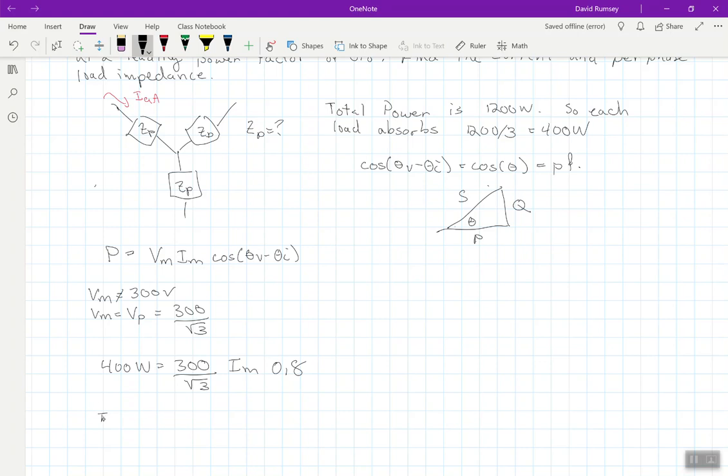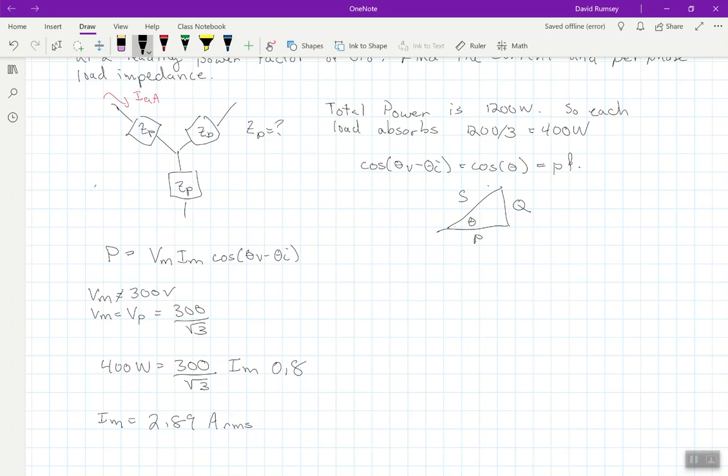And then we just simply solve this for IM. And when I do that, I get 2.89 amp RMS.